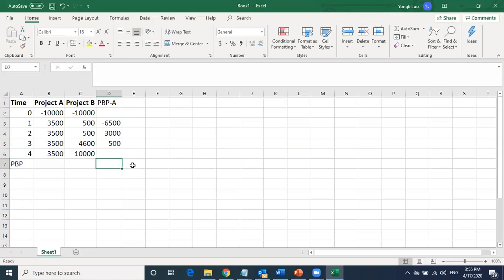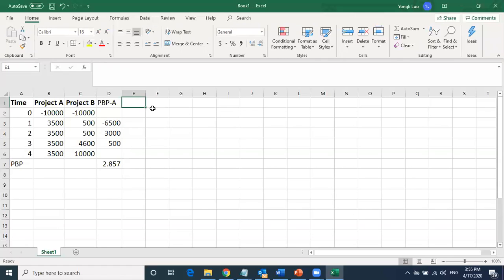You lose 3,000 during that year, but the whole year you got 3,500. So it's 3,000 divided by 3,500, plus 2 years. That gives you around 2.85 years. So you got your money back. That's your payback period.